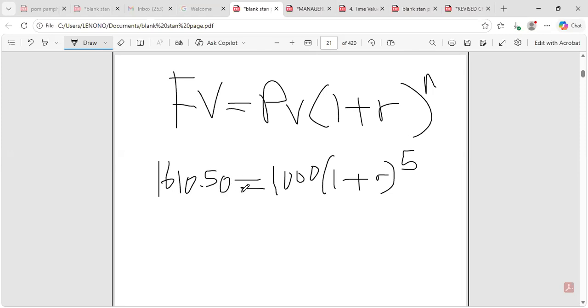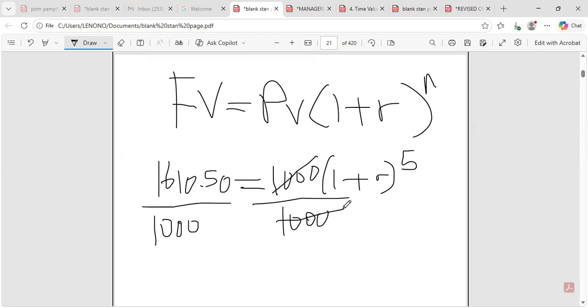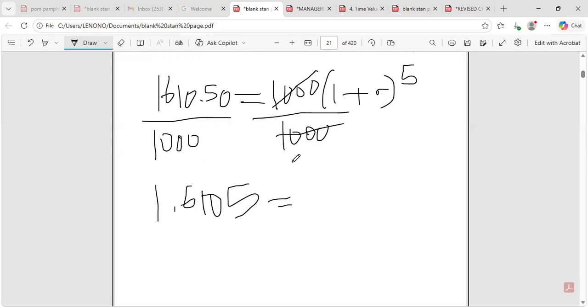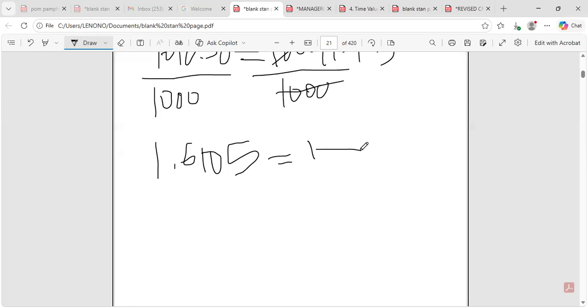So you can divide by 1,000. 1610.5 divided by 1,000 is 1.6105, which is equal to 1 plus R to the power 5.